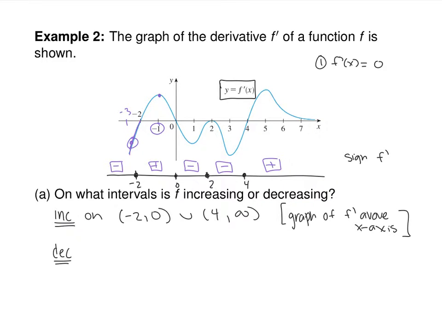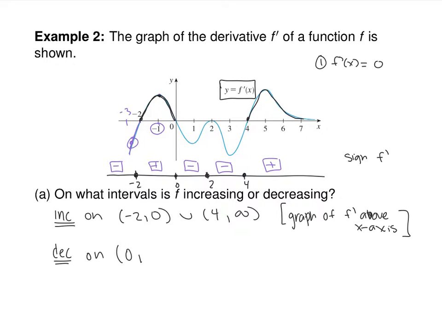Notice that's the same place the graph of f prime is above the x-axis. Do you see what I'm saying? These intervals that we found, -2 to 0, that's that part right there, and 4 to infinity, are where the graph of f prime is above the x-axis. Okay, where is it decreasing?